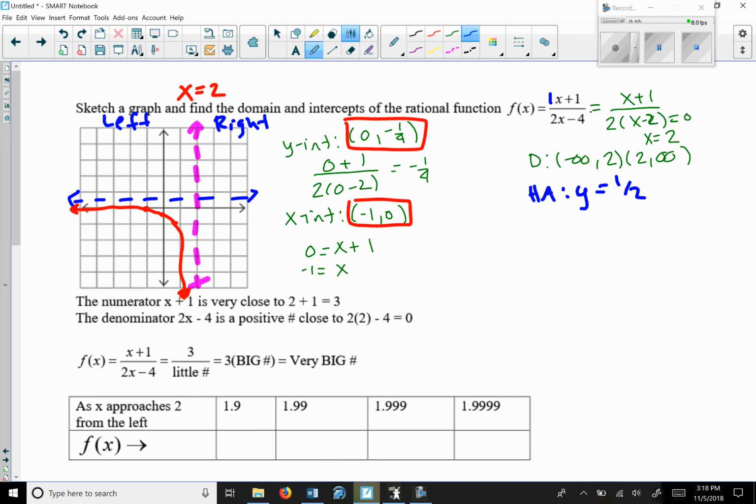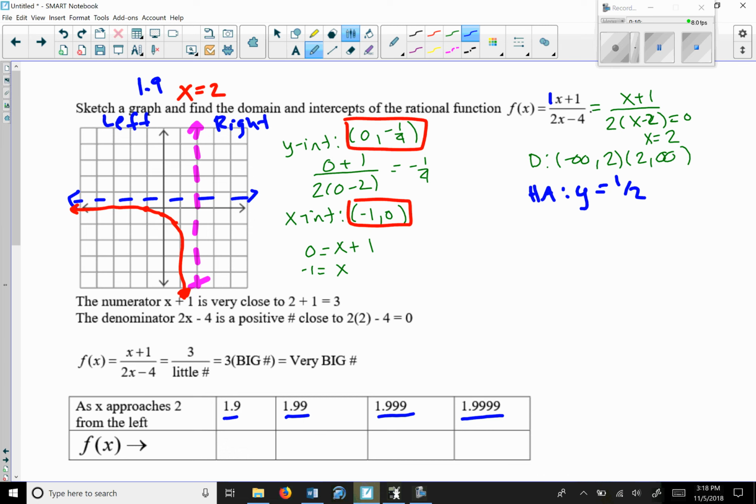So if we're thinking about the left side, to the left of 2, what are numbers that are close to that but not equal to? Well, I know that 1.9 is close to 2 but not equal to. And then I can get even closer if I did 1.99, 1.999, and if I keep adding 9s, it's going to get closer and closer to that value of 2. So what's happening as we're getting closer?